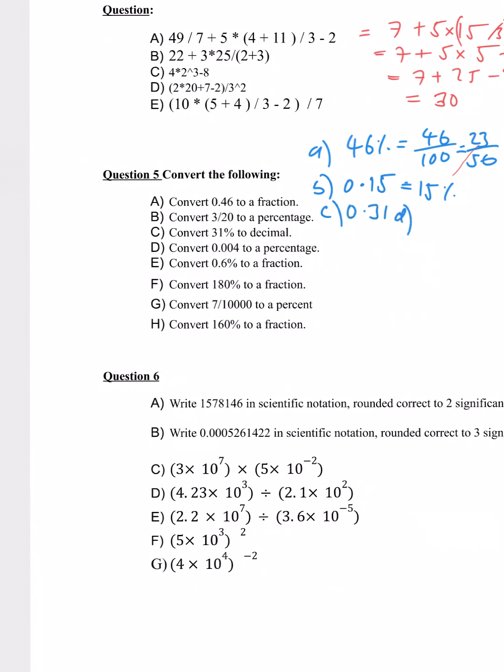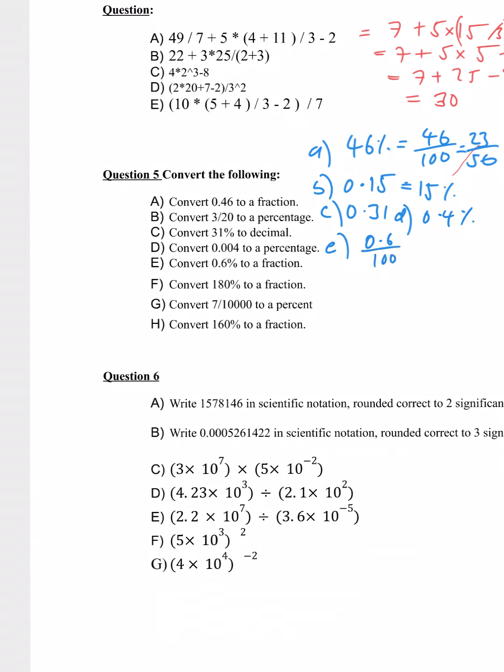Part D, I'll do it here, convert 0.004 to a percentage. So multiply by 100, again, easy peasy, 0.4%. Part E, convert 0.6% to a fraction, sorry. And the answer there is 0.6 over 100.